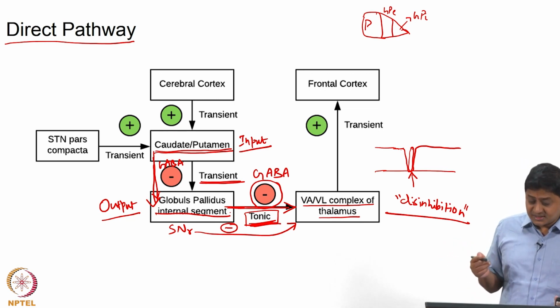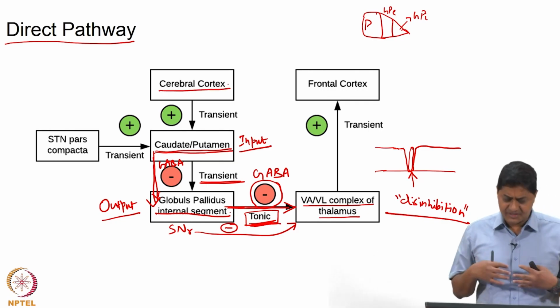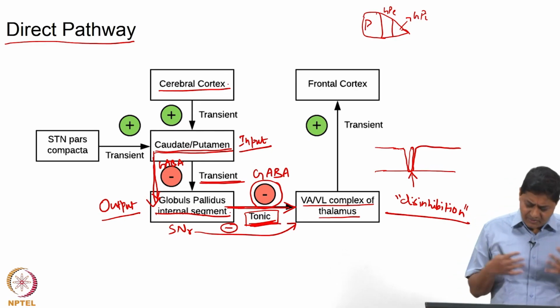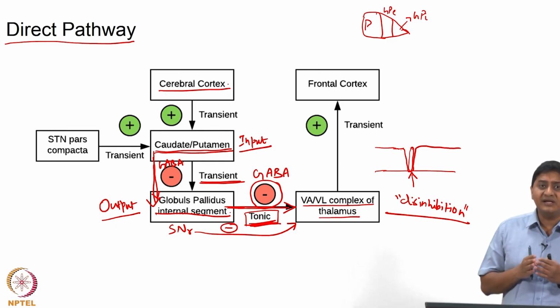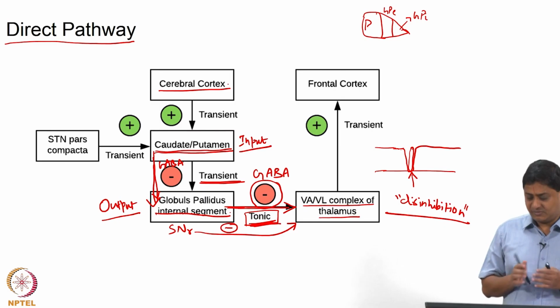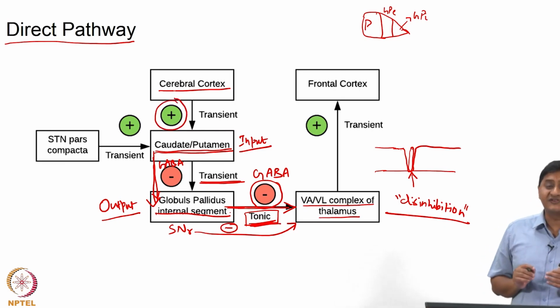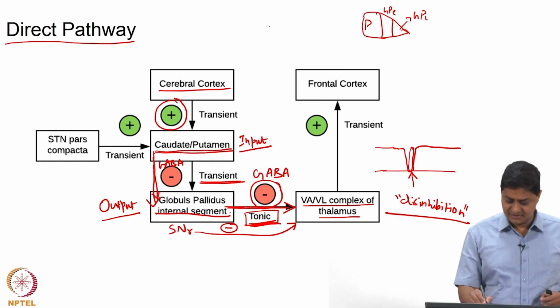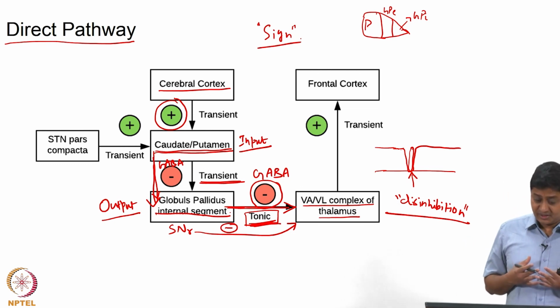That is because the cerebral cortex, actually through several pathways, not just the motor pathway, there are multiple pathways, association pathways, etc. Through multiple pathways, the cerebral cortex sends glutamatergic inputs, that means excitatory inputs. Very important to note the signs here. Signs means SIGN, whether a connection is excitatory or inhibitory.